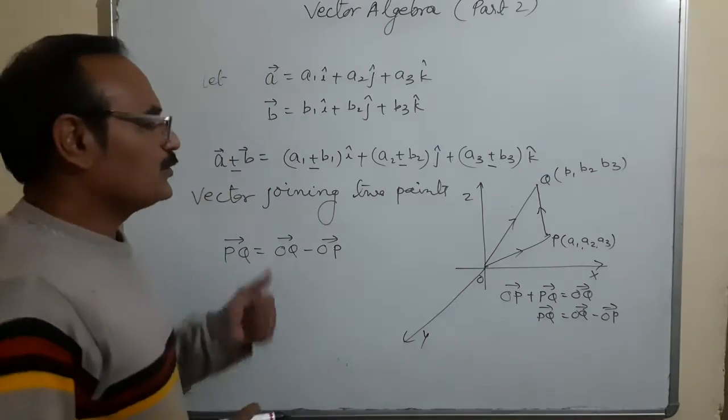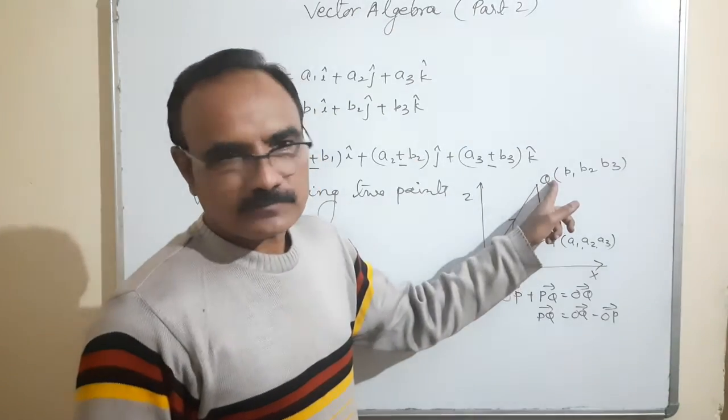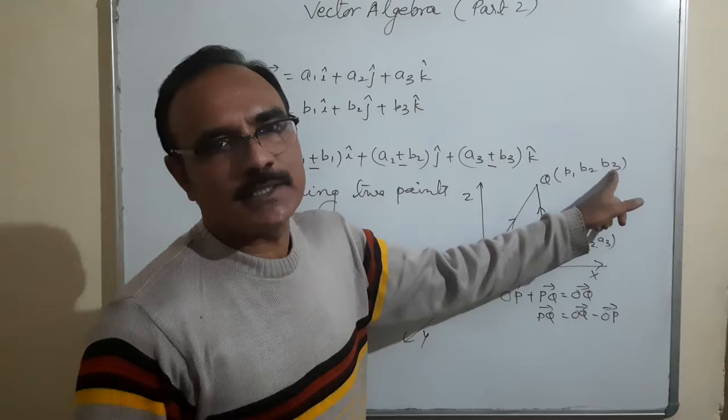OQ, what does it mean? Position vector of Q, these are the 3 points B1, B2, B3.